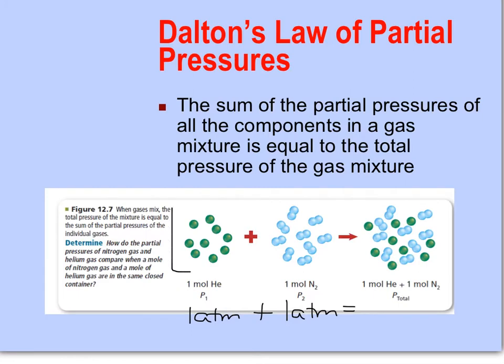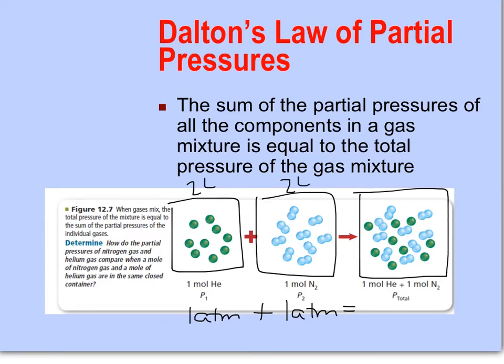If we begin with a container, let's say that this is 2 liters and this container is 2 liters, and then we put them together into another container that is also 2 liters, then our total pressure is going to be 2 atmospheres. You'll notice if we make the containers different sizes, that is going to affect it. So we're going to be mixing them together into a container that is the same size in the problems that we're going to be looking at today.